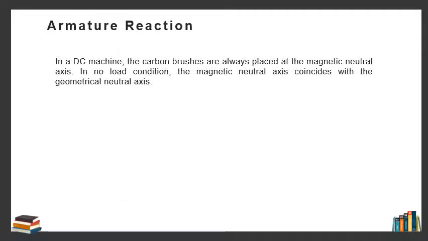Next. In a DC machine, the carbon brushes are always placed at the magnetic neutral axis, like MNA. In no-load condition, the magnetic neutral axis coincides with the geometrical neutral axis, like GNA.